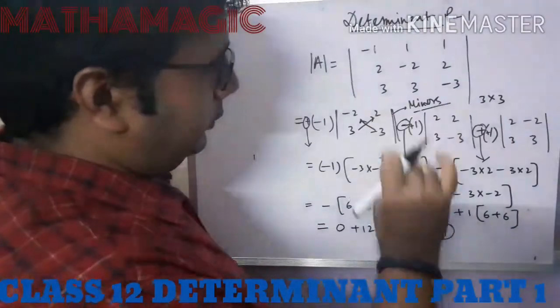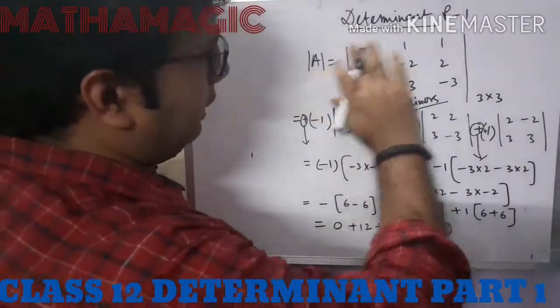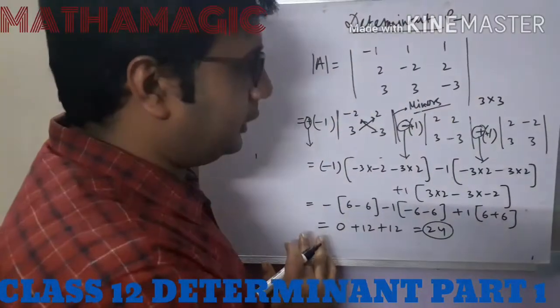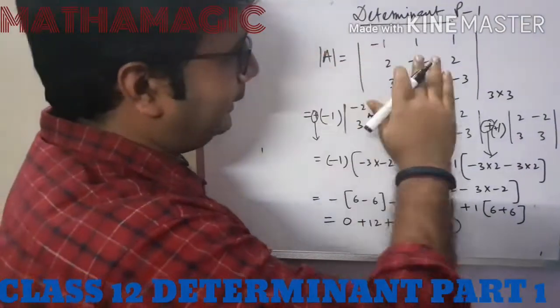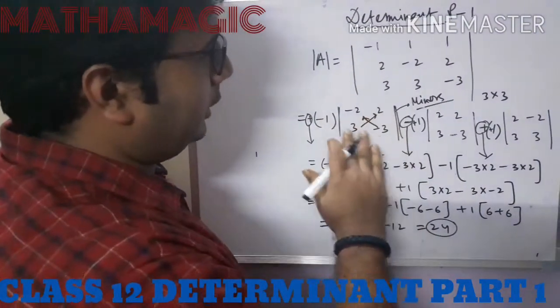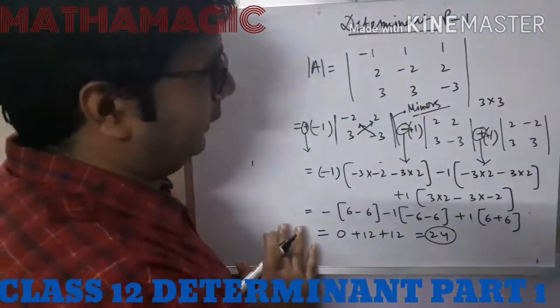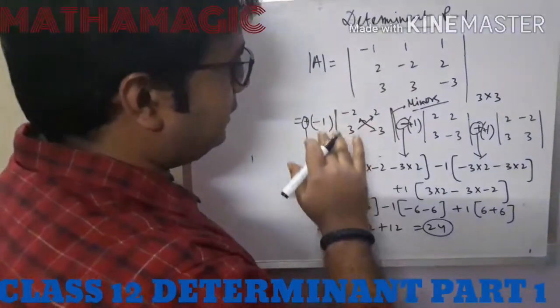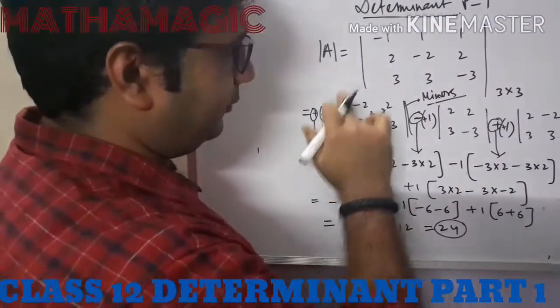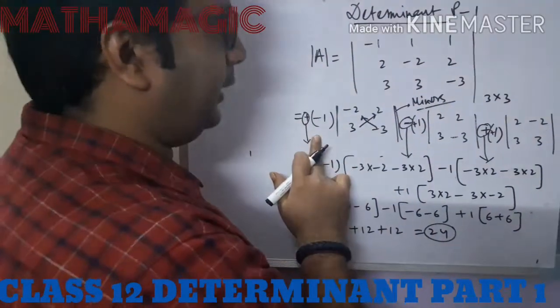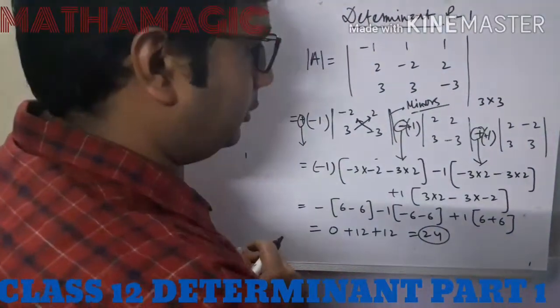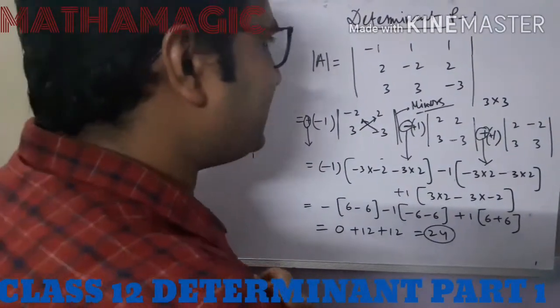I'll repeat it in a quick recap, that if we have a 3 into 3 order determinant, then we can evaluate the determinant by any of the rows or any of the columns. Now we have used here the first row. So in case of first row, we need to remember the cofactors, otherwise the values will differ, but it should be same always.